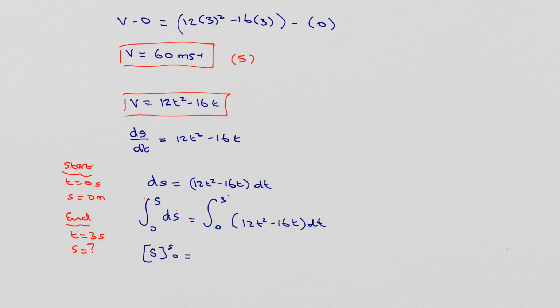On the right hand side, I'm going to get 12t cubed over 3, which is of course 4t cubed, minus 16t squared over 2, which is of course 8t squared. Upper limit being 3 and lower limit being 0. So if we sub in our limits, that gives us s minus 0 on the left, so upper minus lower. And on the right hand side, I'm going to have 4 times 3 cubed minus 8 times 3 squared, minus the lower limit, which is of course 0 when I sub in for 0.